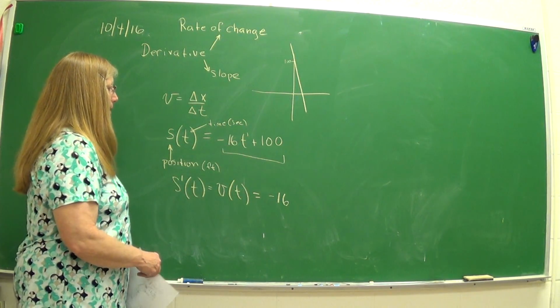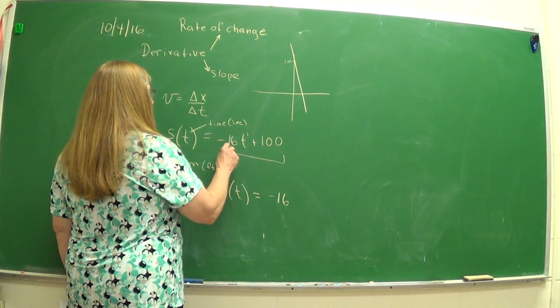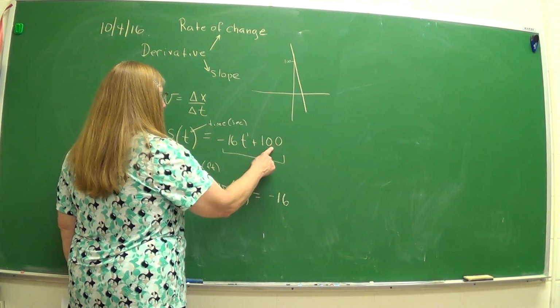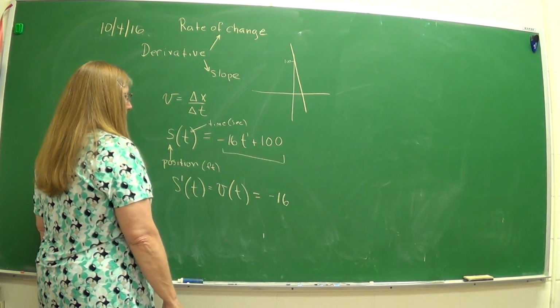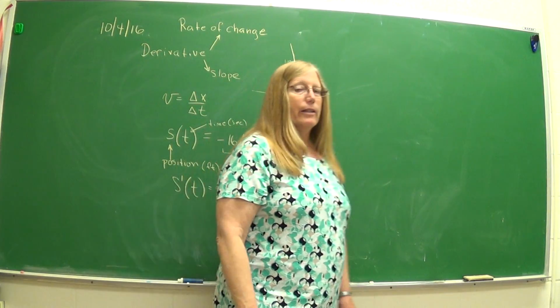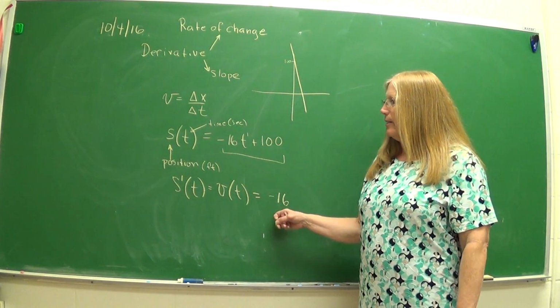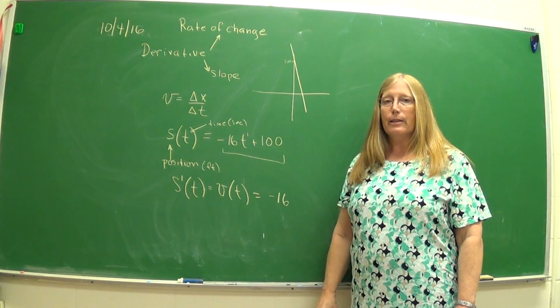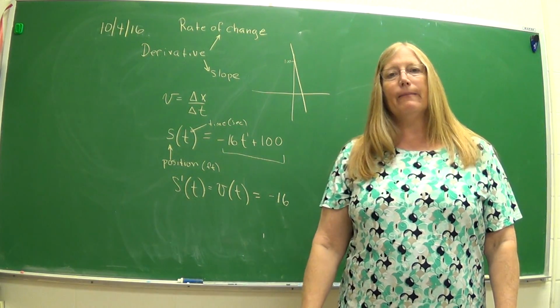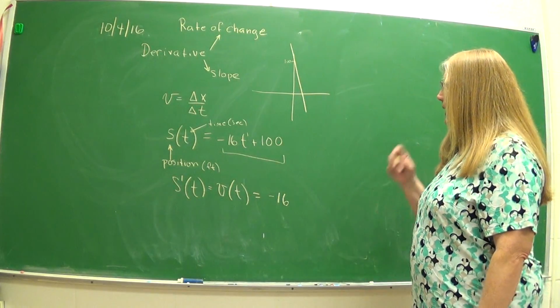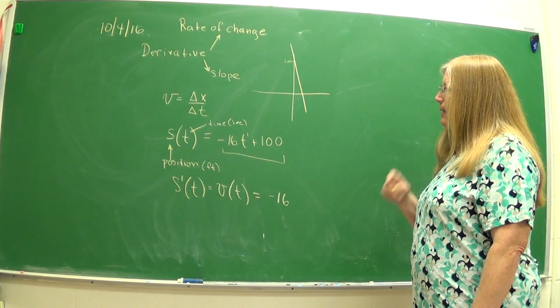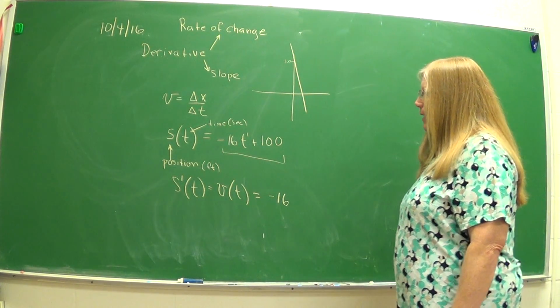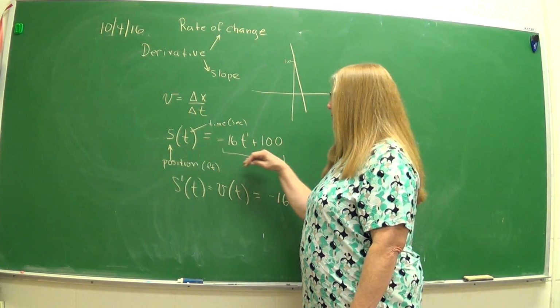Anything to the 0 is 1. And the derivative of any constant is 0. So we have taken the derivative and we found that it is a constant value, negative 16, which we suspected from the graph.